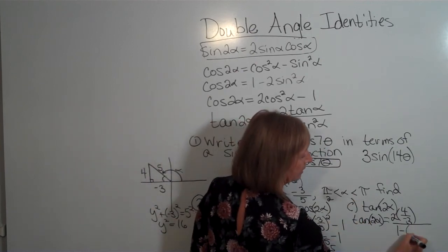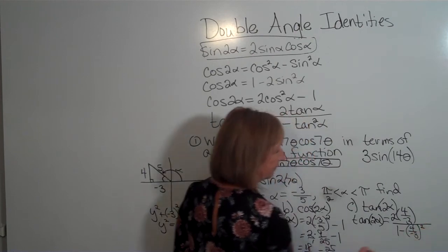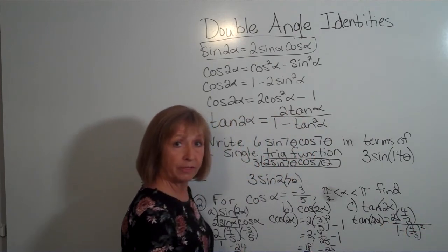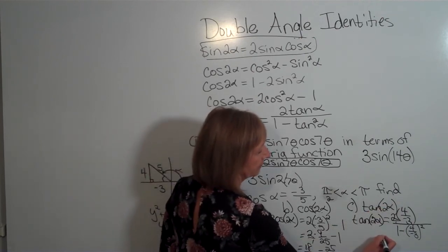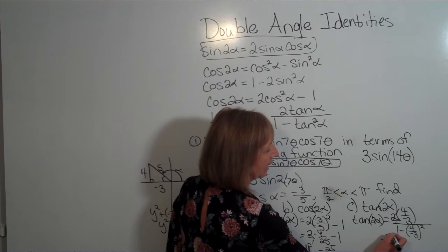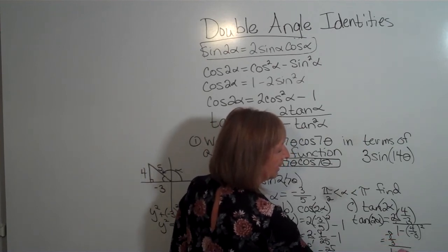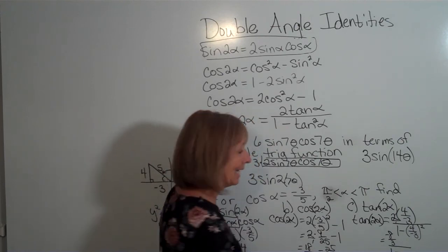So 1 minus the 4/-3 quantity squared. So remember, that's 2/1 times 4/-3. So that's 8/-3. And I can write that as negative 8/3 over 1 minus, and 4/-3 quantity squared is 16/9.